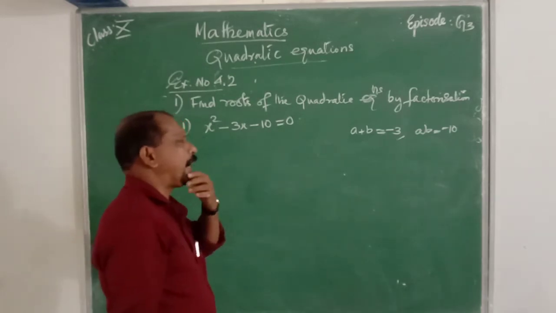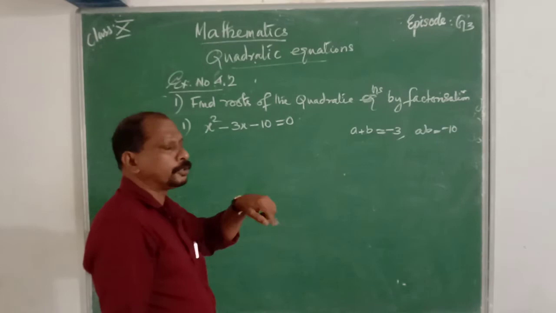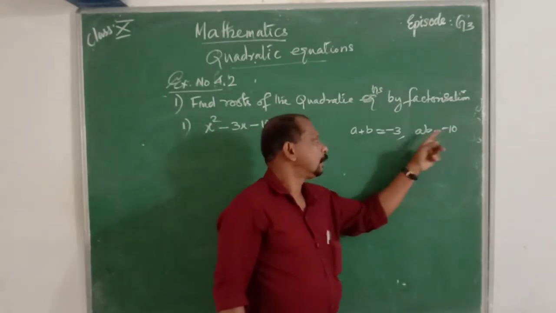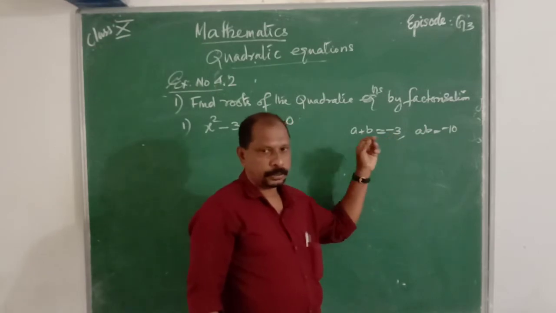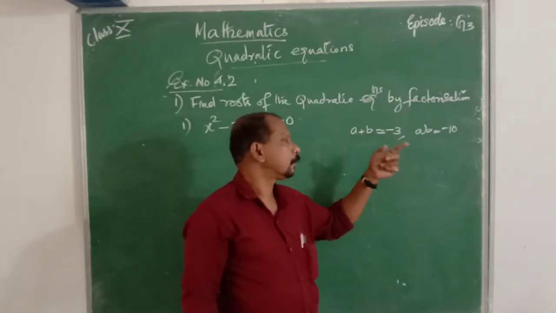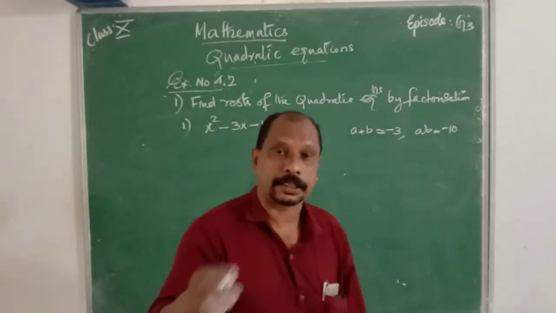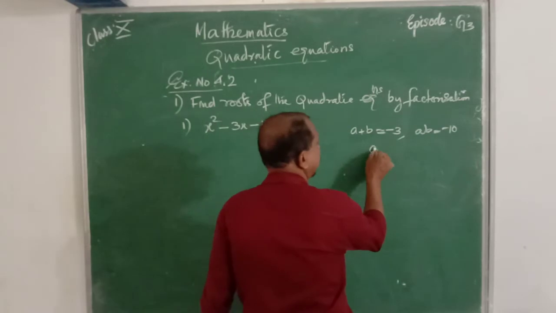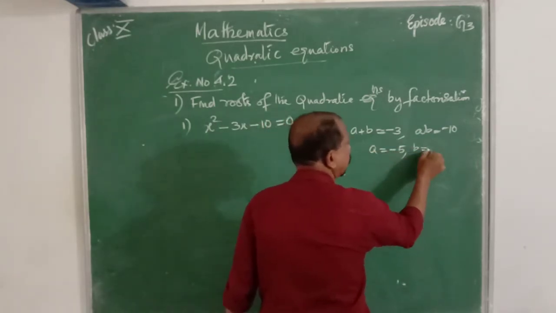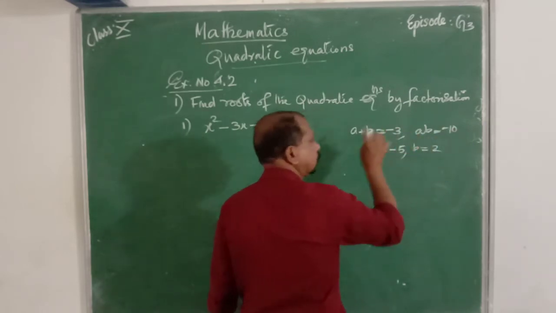Then 5 into 2 is 10, and 5 minus 2 is 3. Product is minus, sum is minus. Therefore, one is positive and the other is negative. The sum is negative, which means the greater number is negative. Therefore, a is equal to minus 5 and b is equal to 2. Minus 5 into 2 is minus 10, and minus 5 plus 2 is minus 3.